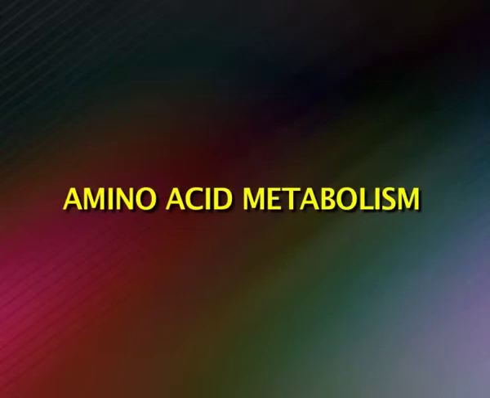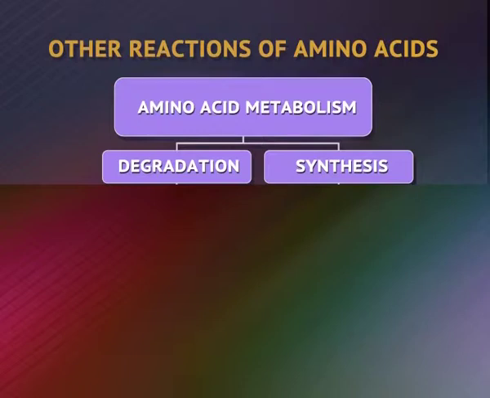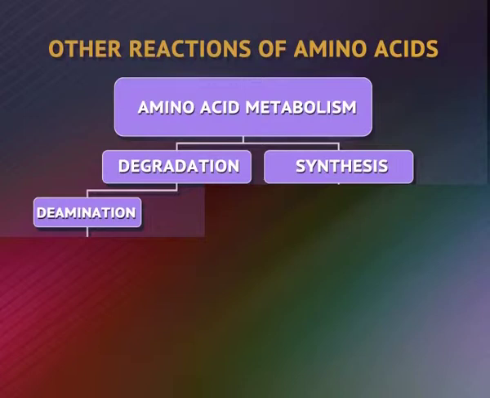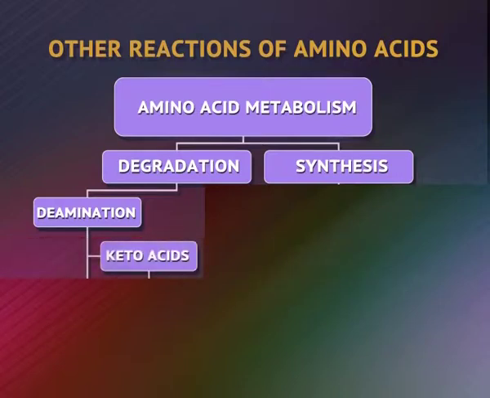There are many other reactions of amino acids also, which are comprised under the group of amino acid metabolism. Metabolism, as you all know, means anabolism and catabolism, which means synthesis and degradation. So, through degradation, amino acids are either deaminated, that is, their nitrogen group is removed, and keto acids are formed. The liberated ammonia is excreted in the form of urea.